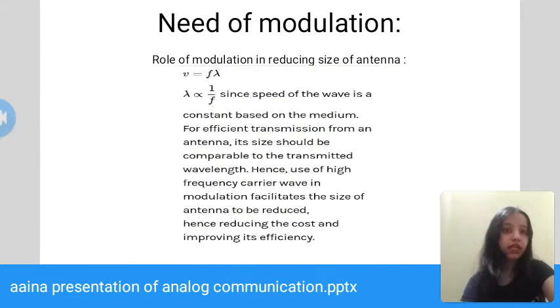Next is the need of modulation. Number one is the role of modulation in reducing the size of the antenna. We know c = fλ, so λ is directly proportional to 1/f. Since the speed of the wave is constant based on the medium, for efficient transmission from an antenna, its size should be comparable to the transmitted wavelength.